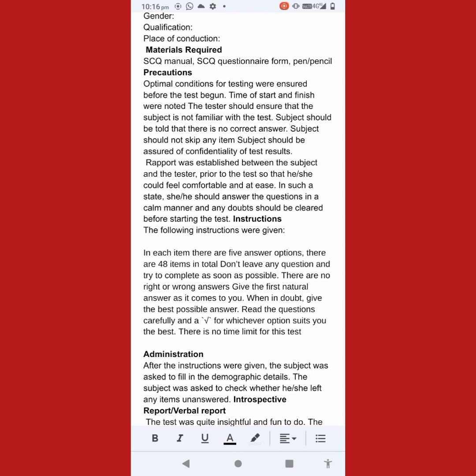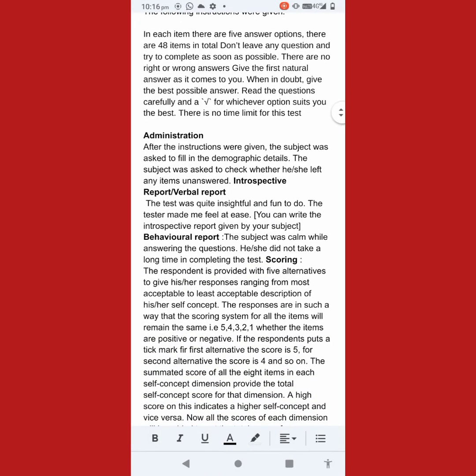The subject should be told that there is no right or wrong answer. These are the simple instructions and simple precautions which we follow for all the tests. You can take this screenshot and write it properly in your notebooks when required. Then administration. Please remember, the first step of test administration is rapport formation.